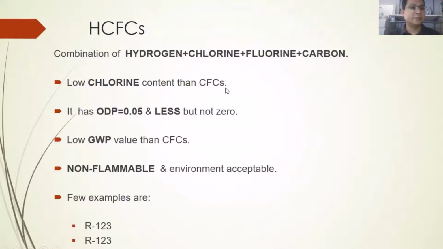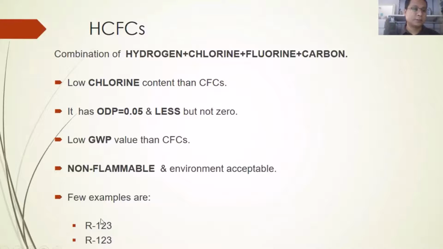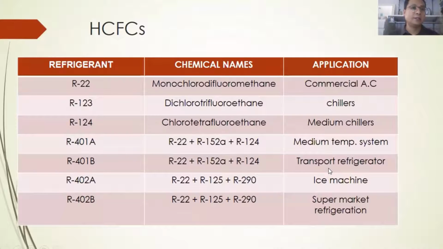So it contains chlorine like the CFCs, so it still has ODP, but less. Low global warming potential, really good. Not flammable. The commercial name is R123, sometimes only 123. This is the group of HCFCs, with the chemical name and the application.